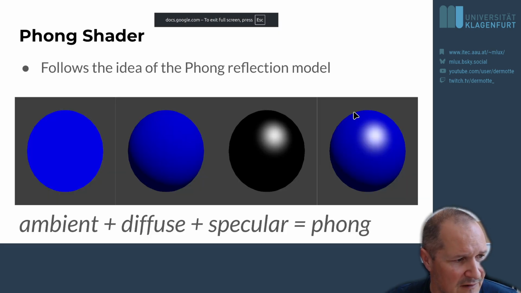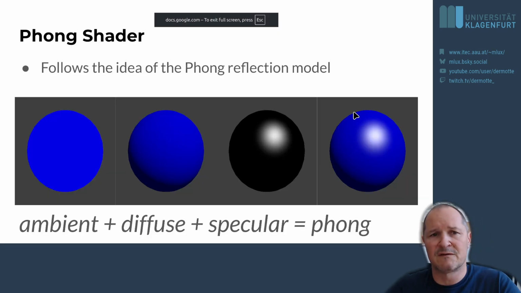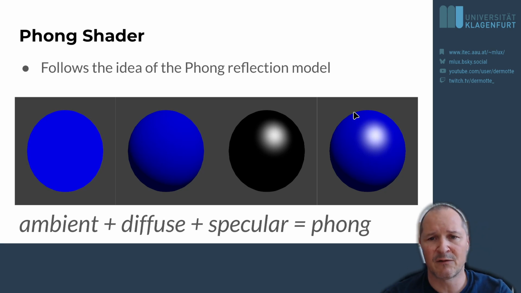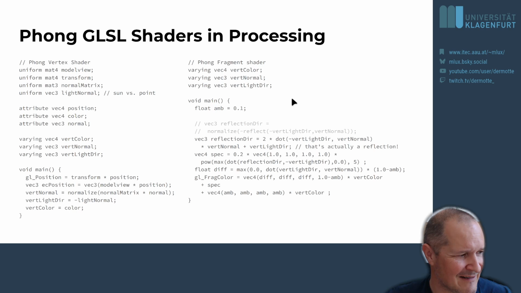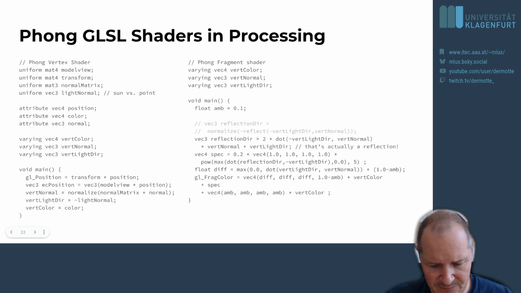So let's take a look at the Phong shader, which follows the idea of the Phong reflection model. Ambient plus diffuse plus specular is Phong, a very easy equation. And it would look like that. So we have, again, the vertex shader, which is on the left side here.